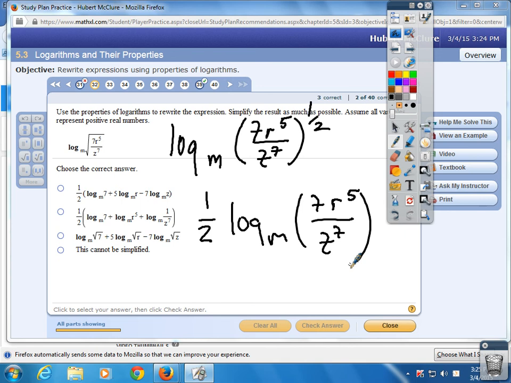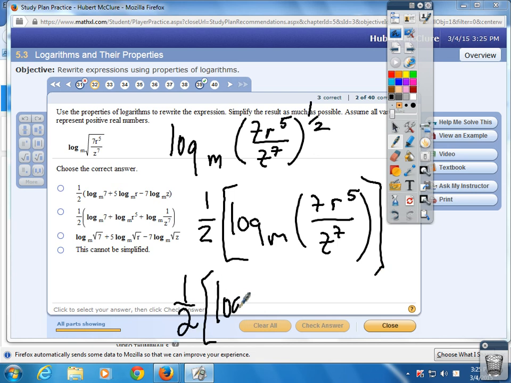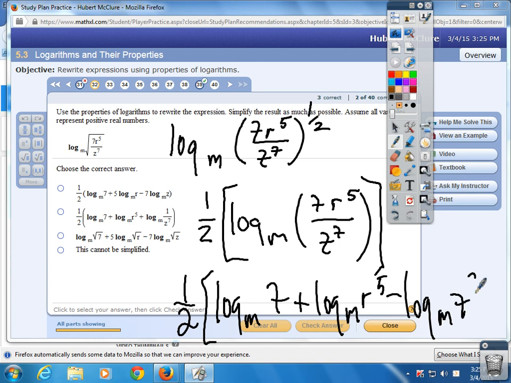Now what can we do with that? Remember the 1/2 is out front. So that's going to be 1/2 log base m of 7 plus log base m of r to the 5th minus log base m of z to the 7th.